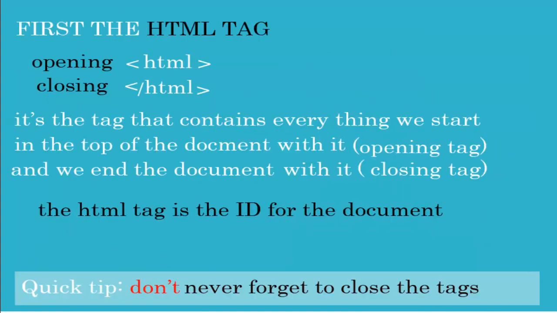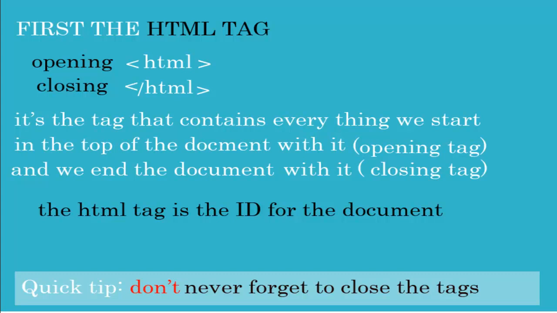First, the HTML tag. The opening is like that, the closing is like that, and it's the tag that contains everything. We start by putting it at the top, and we end the document with it. The HTML tag is the ID for the document.